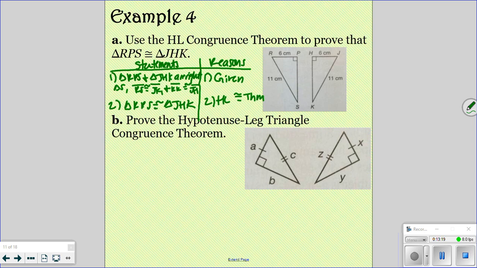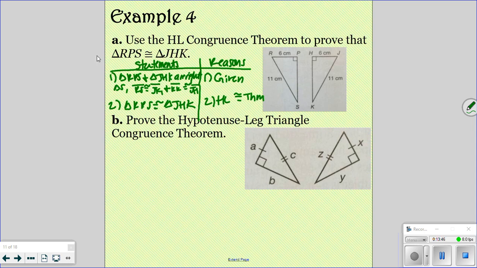Now we're going to look at the hypotenuse leg triangle congruence theorem. So we want to prove this theorem on these two triangles. So we know that they are congruent by the hypotenuse leg triangle congruence theorem, and we want to prove that theorem actually works. So we're not going to use the hypotenuse leg triangle congruence theorem anywhere on here.